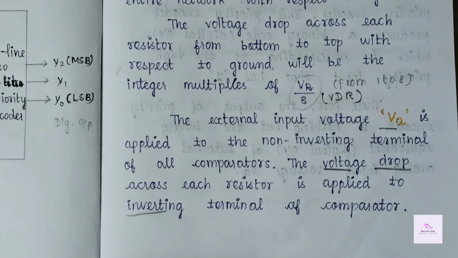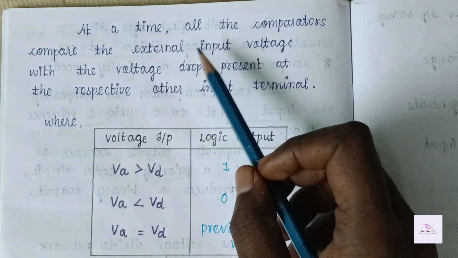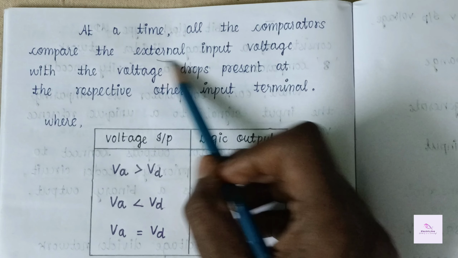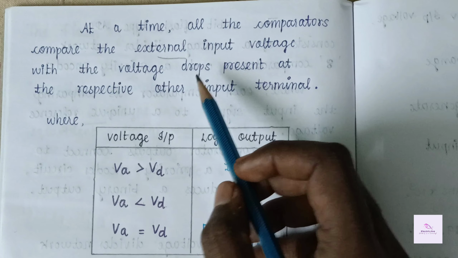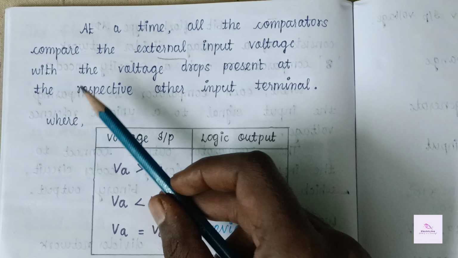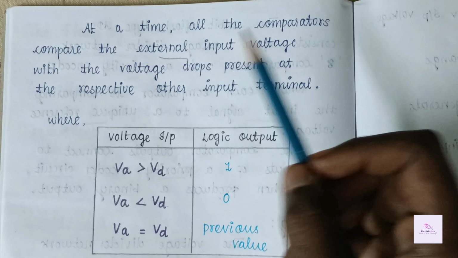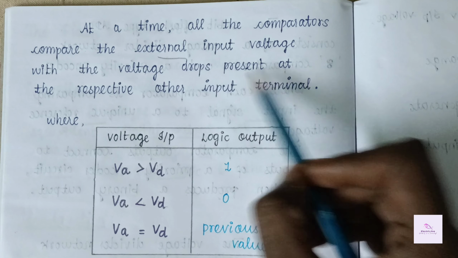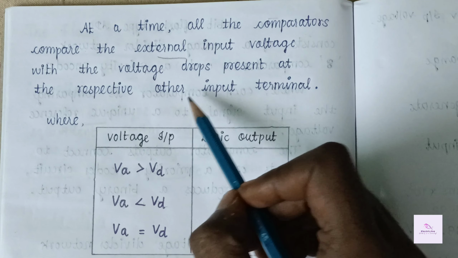At the same time, all the comparators compare the external input voltage. The external input voltage VA is an analog voltage applied to the comparator. The comparator compares this external input with the voltage drops present at the respective other input terminal.